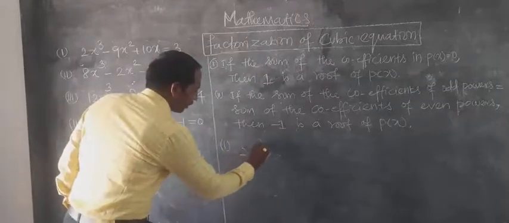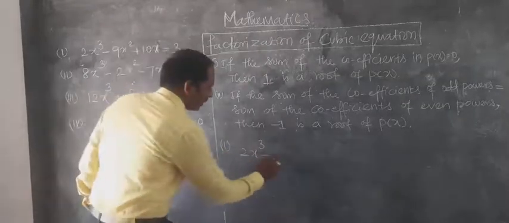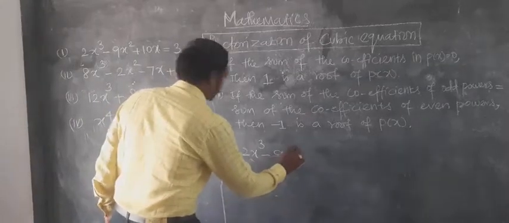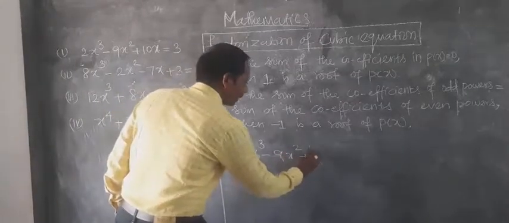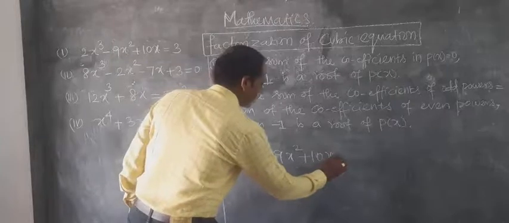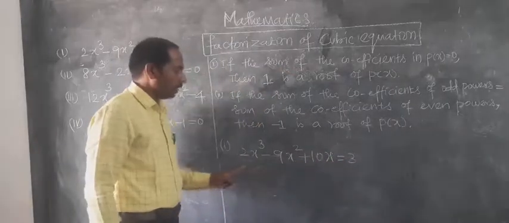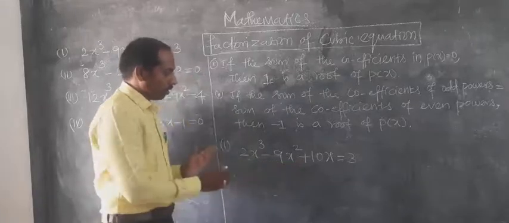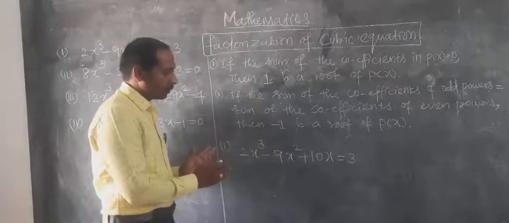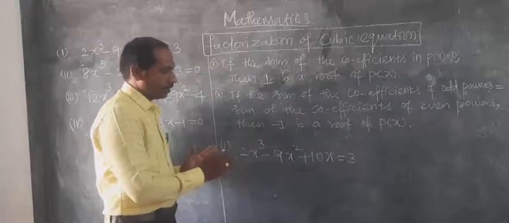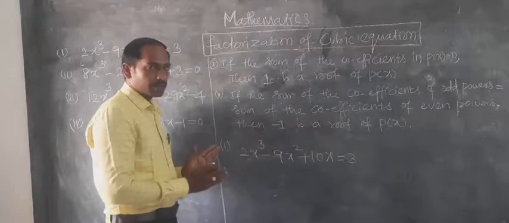First one: 2x power 3 minus 9x square plus 10x equal to 3. Suppose you see any equation, all the values and variables come to the left hand side, and the right hand side is equal to 0.